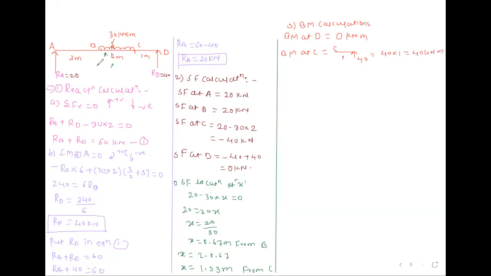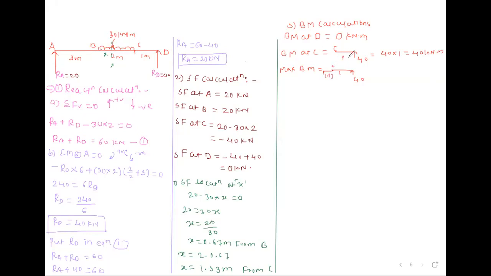After that we will calculate maximum bending moment. Maximum bending moment is equal to, here 40, C point is there, and after that this is X, so up to this 1 meter, and from C point the distance is 1.33.